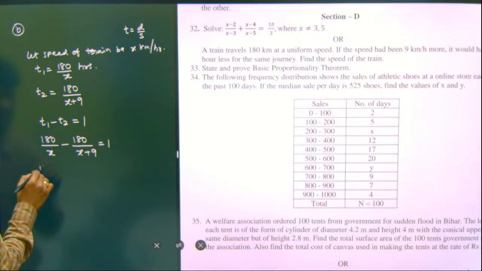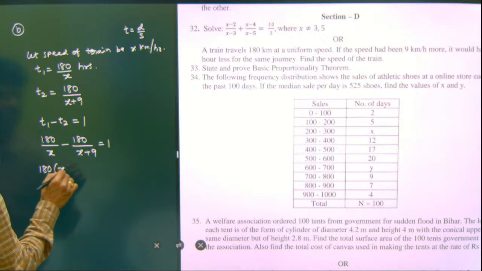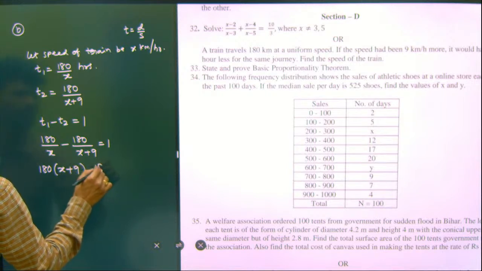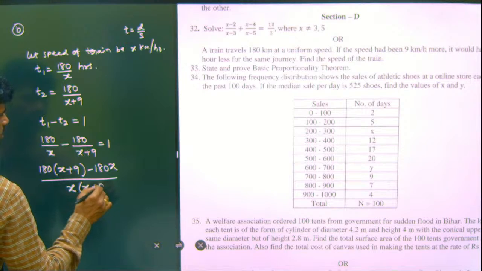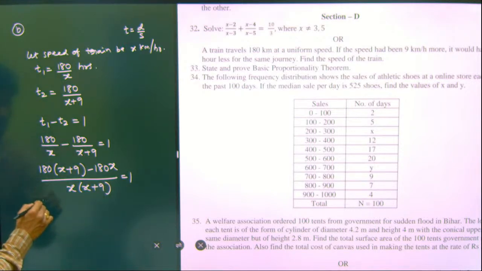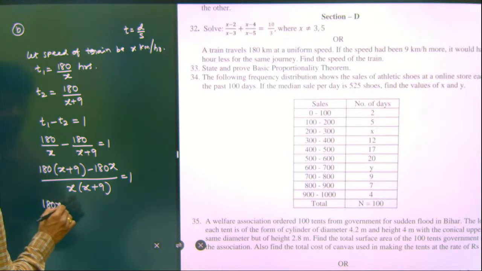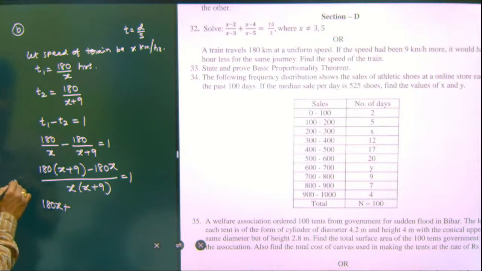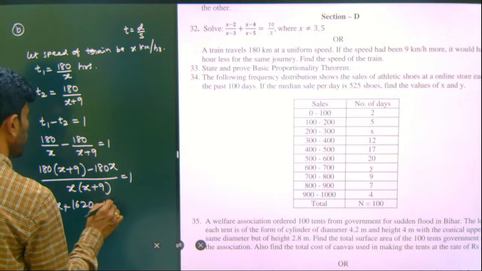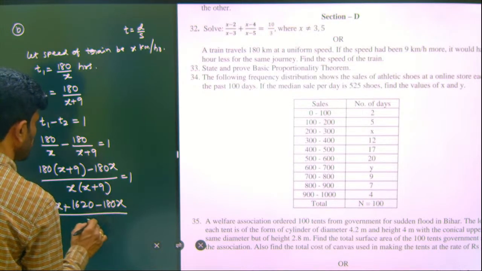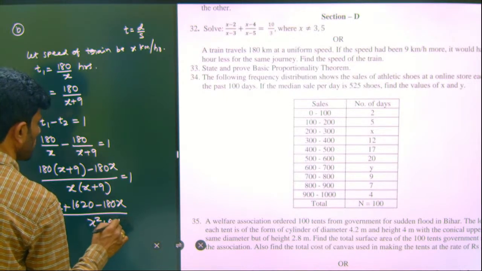Then simplification: 180(x + 9) minus 180x, over x(x + 9), is equal to 1. And this is 180x plus 180 into 9, which is 1620. 1620 minus 180x over x square plus 9x is equal to 1.